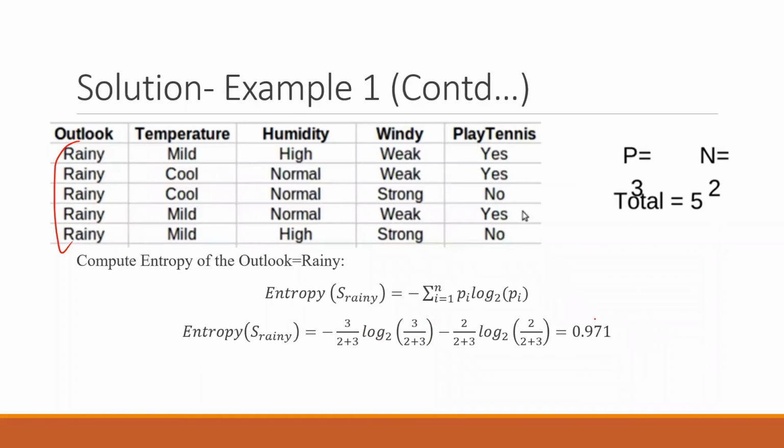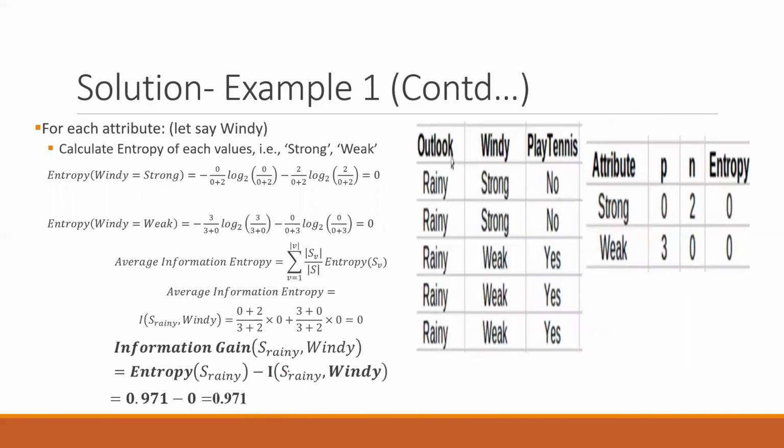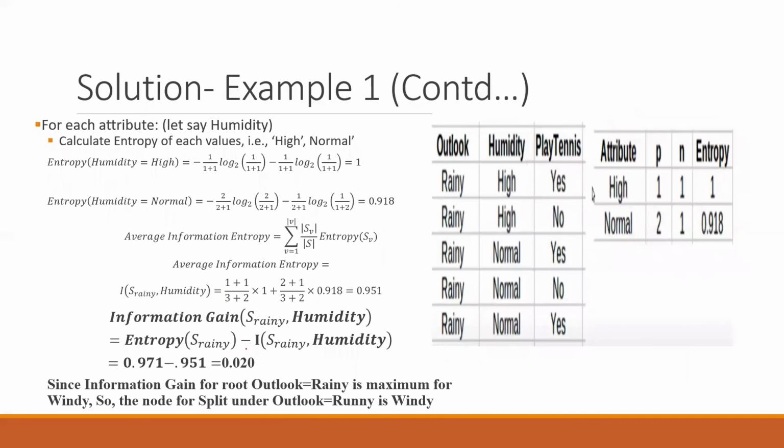For rainy, again my entropy is coming out to be 0.971. For temperature, the table is this one now, and using this table you will have the value of temperature as 0.20. For windy it is 0.971, and for humidity it is 0.020.